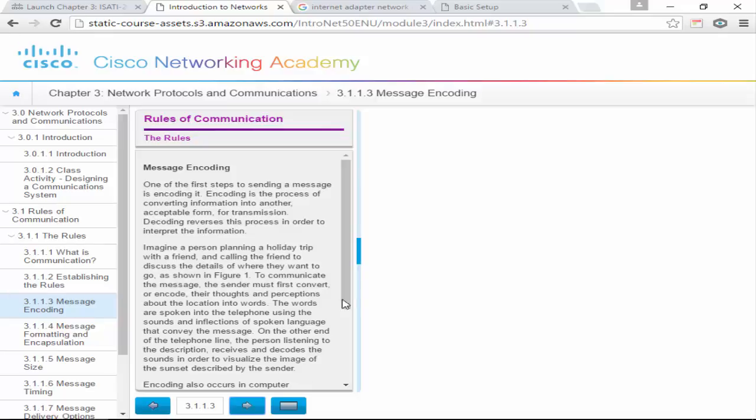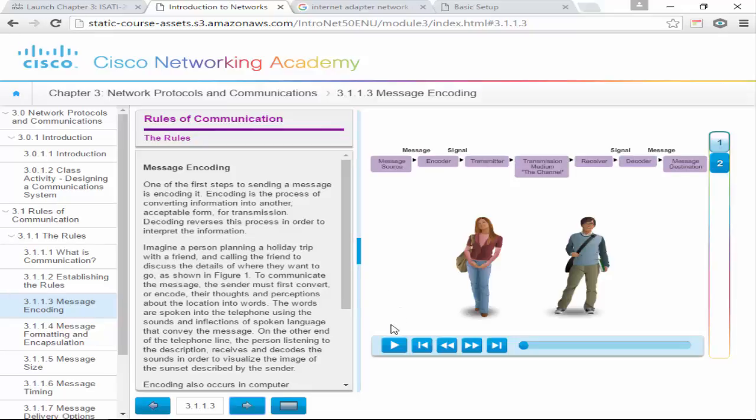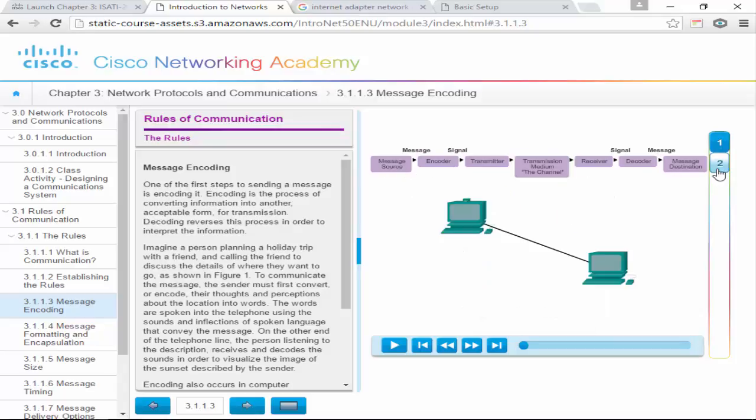Alright, so we go into message encoding. Let's see what they say about message encoding. We're conveying, I don't know, what is that? A sunset. And so this guy understands the sunset. Now, what was the encoding? This is going on to computers.